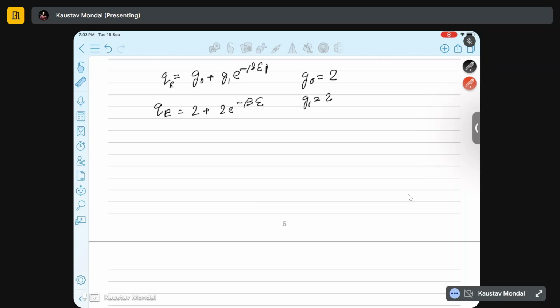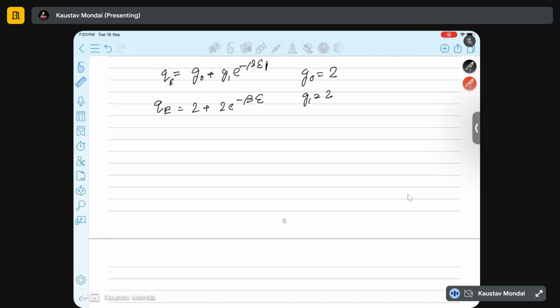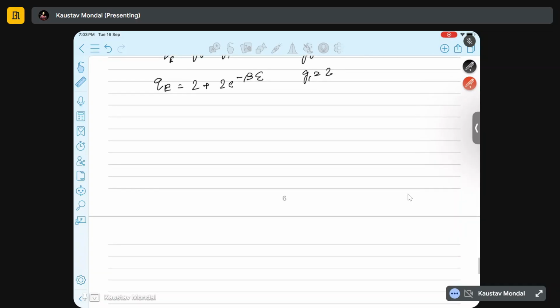In order to qualitatively get the curve, we will check how this function looks at two limiting temperatures. We will first take T tends to 0.